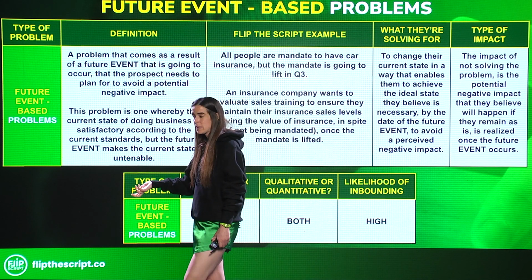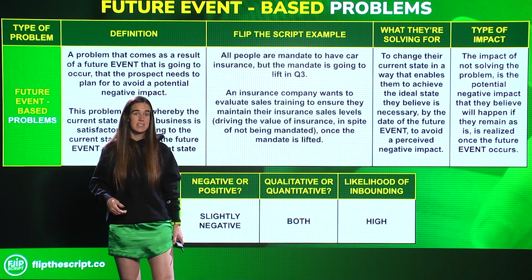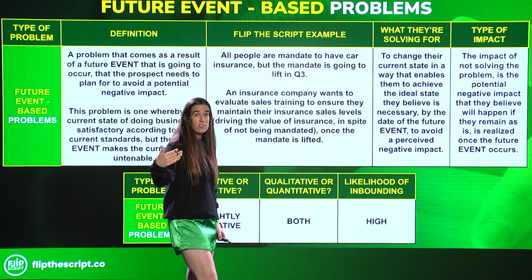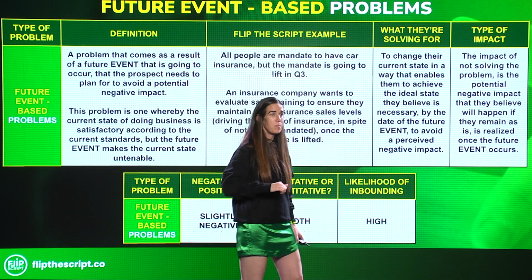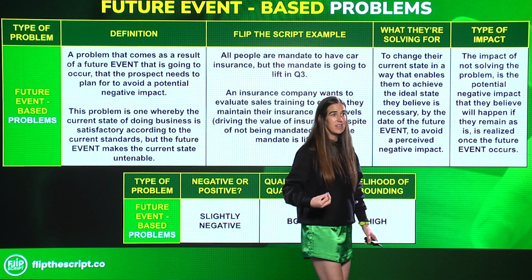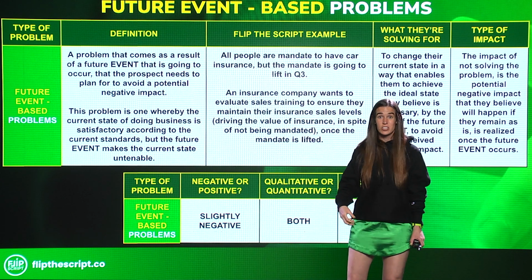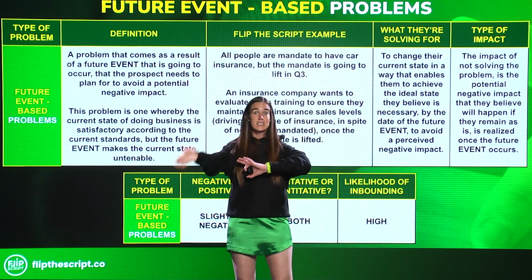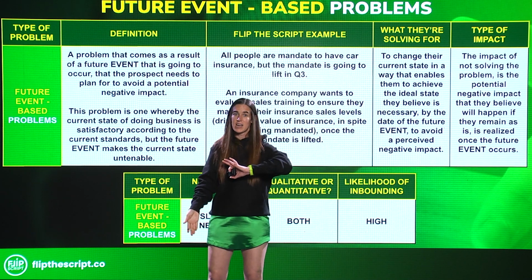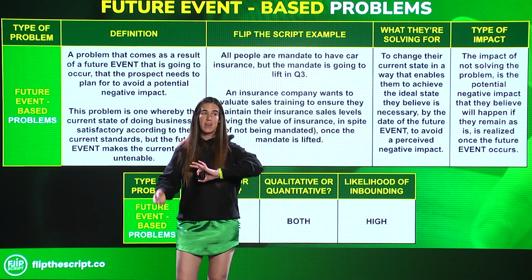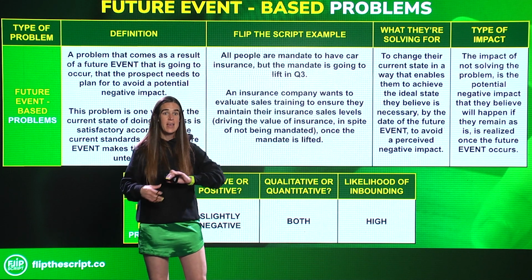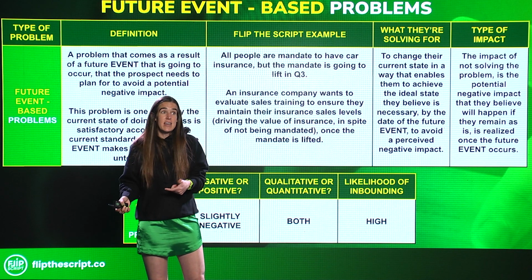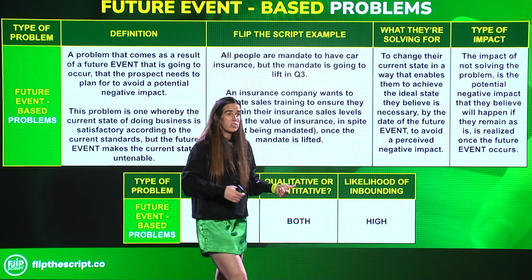And that mandate was being lifted, so this company reaches out to him and says, we're scared that once that future event happens, people, because they don't have to buy insurance, won't buy insurance, or sellers need to upskill. So in this scenario, this is an event that's going to happen in the future. They're positive it's going to happen. It's not a potential threat. It's a realized event that will happen that could potentially cause a negative impact if they don't solve for it in the present.